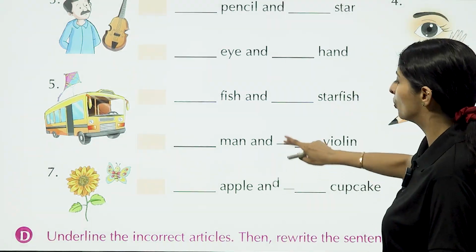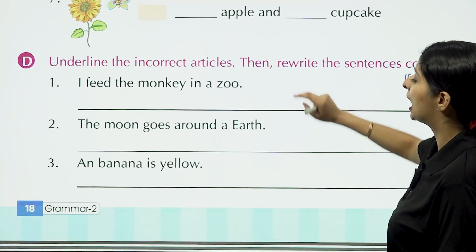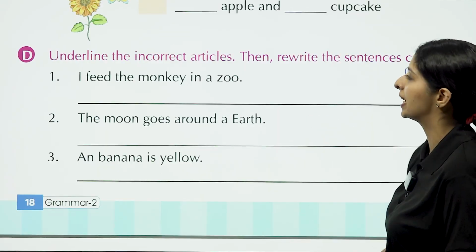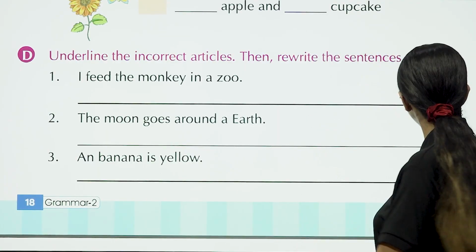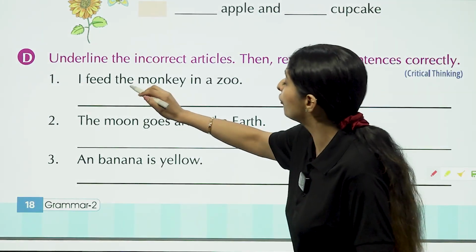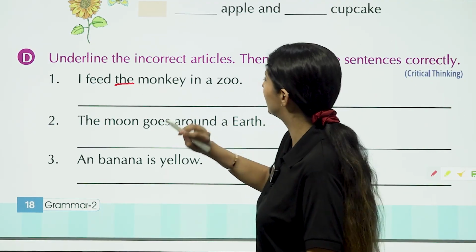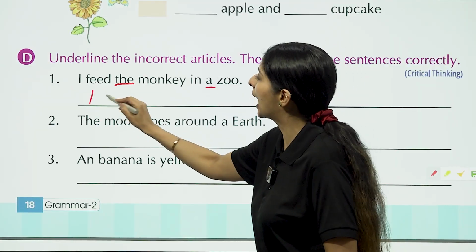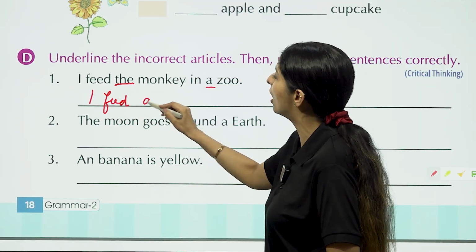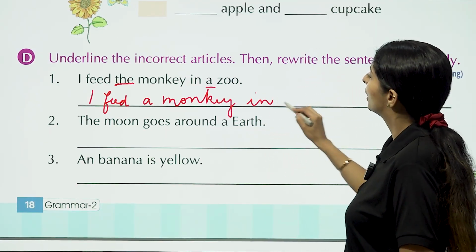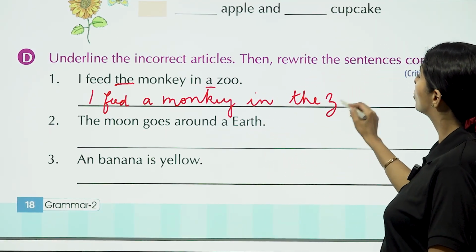Next question given to you is, underline the incorrect articles and then write the sentences correctly. So solve with me now. I feed the monkey in a zoo. Is it correct? You will underline this and this. So you will write, I feed a monkey in the zoo.